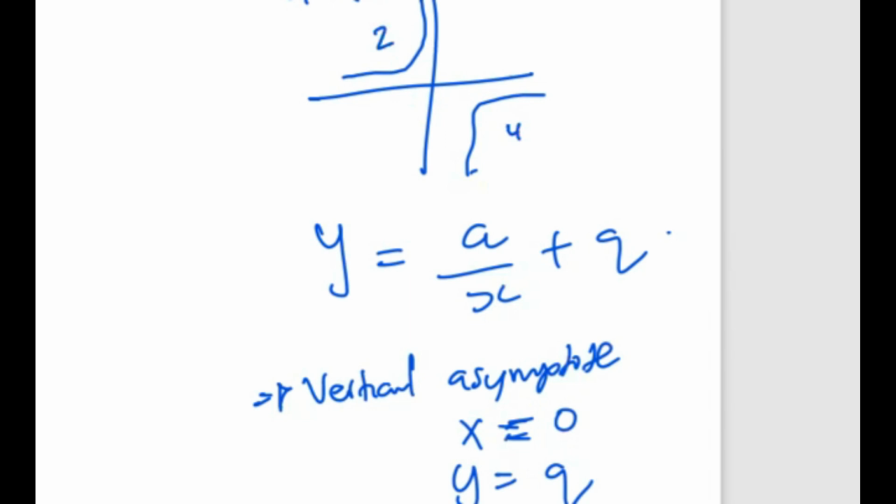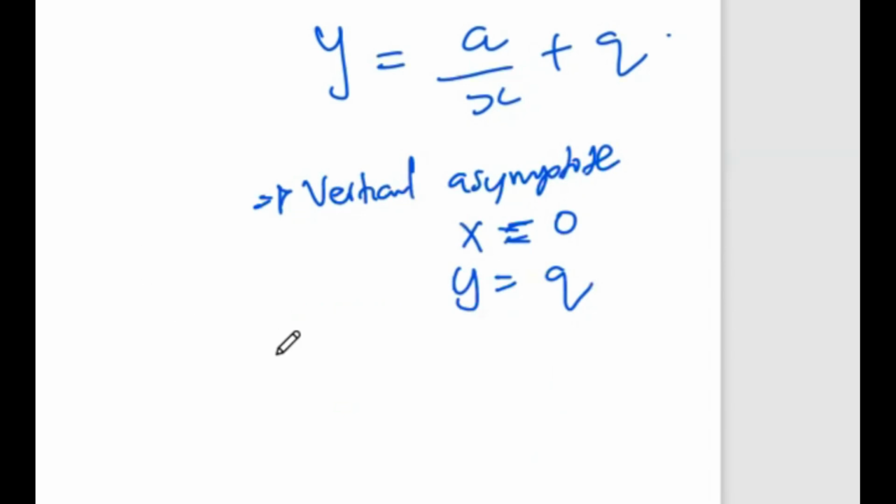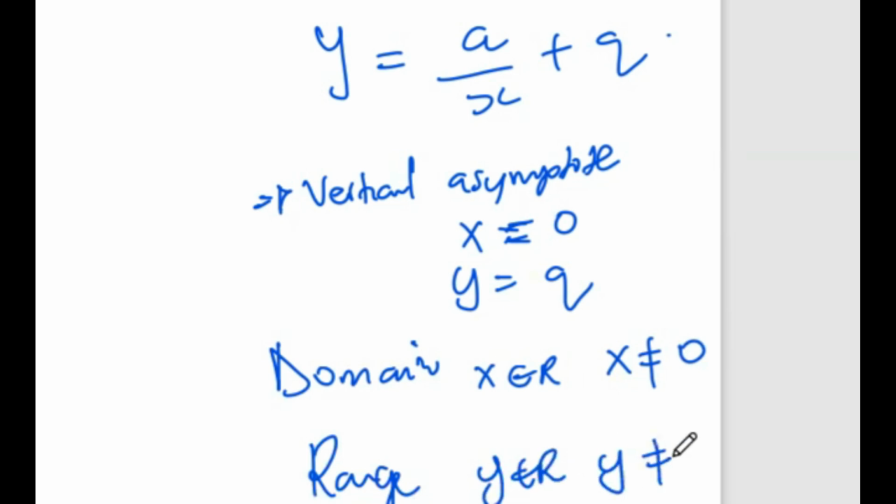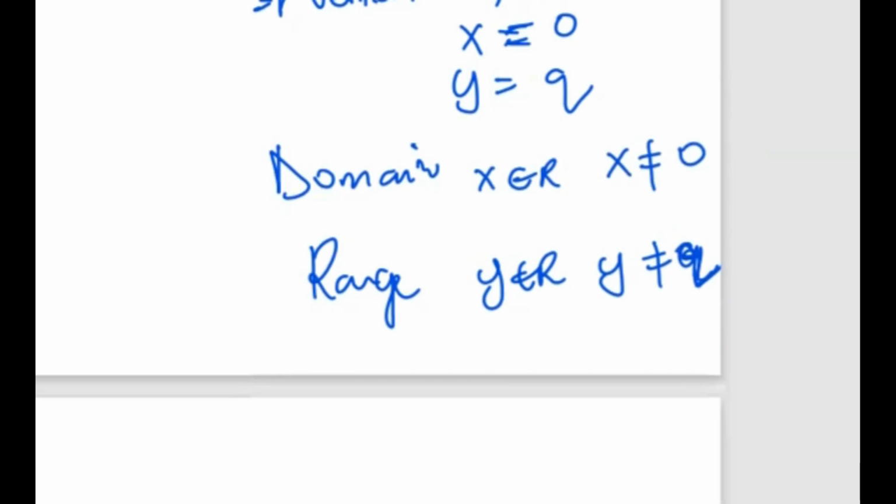Okay, so when it comes to the domain, domain will represent x values. So x will be an element of real numbers. X should never be 0 because 0 is an asymptote. Graph cannot pass through it. When we talk about the range, y is an element of real numbers. Y should never be equal to q, because q will be your asymptote.